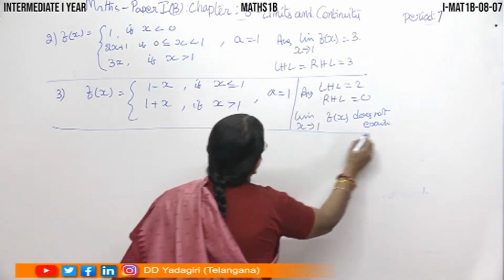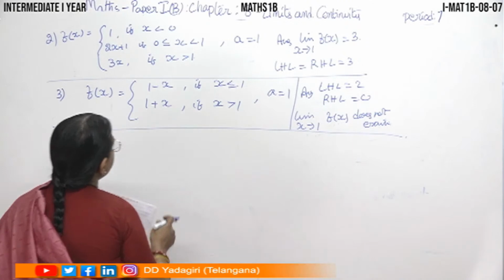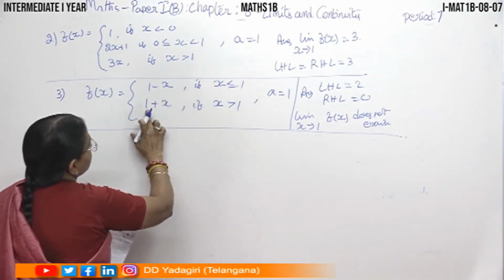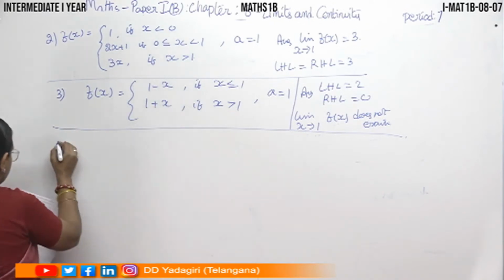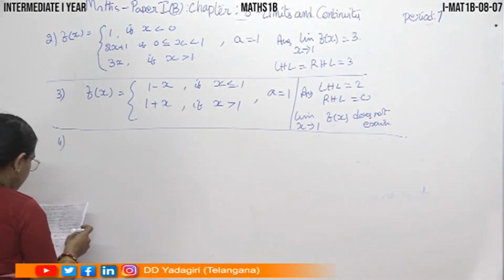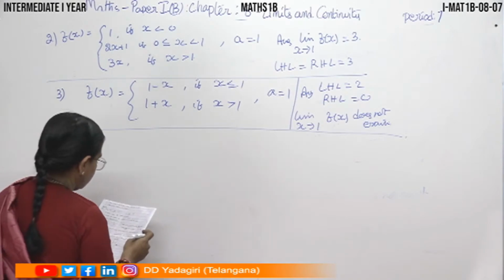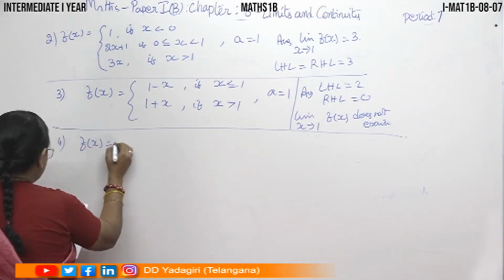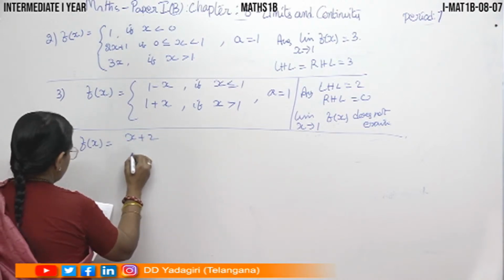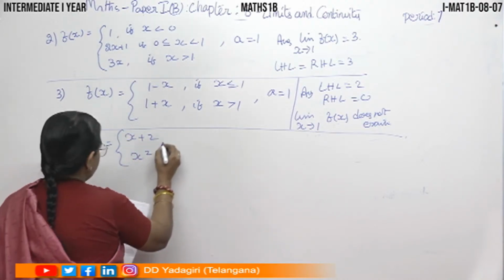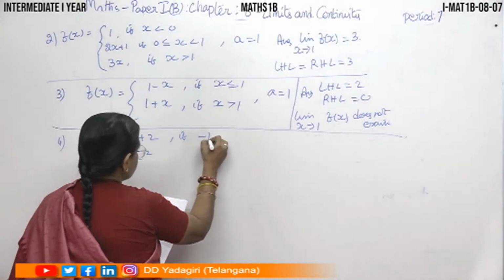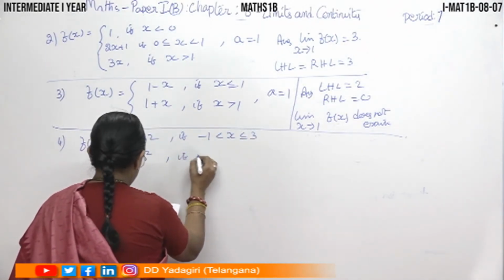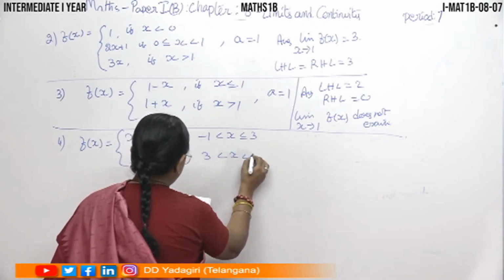Then try this problem. Same, left limit, you can see, is 1 minus 1, that is 0. Right limit is 1 plus 1, that is 2. Fourth problem. Next, f of x is equal to x plus 2 if minus 1 less than x less than or equal to 3, and x square if 3 less than x less than 5.